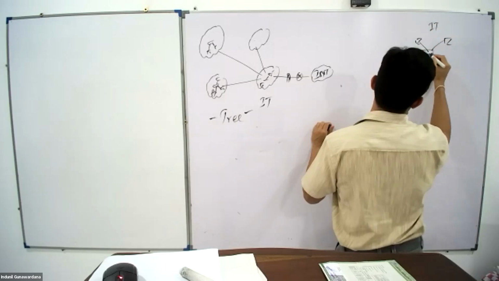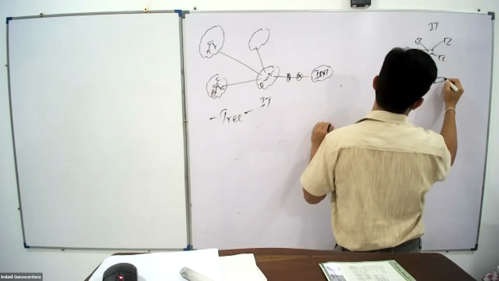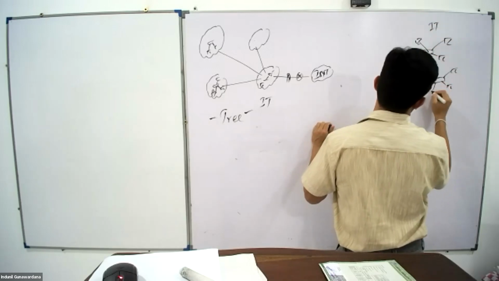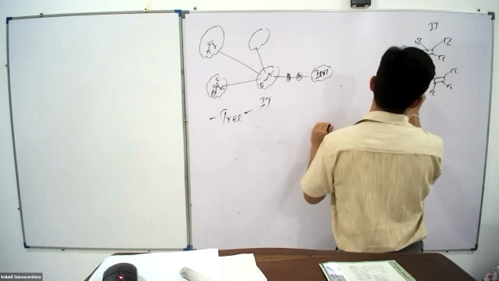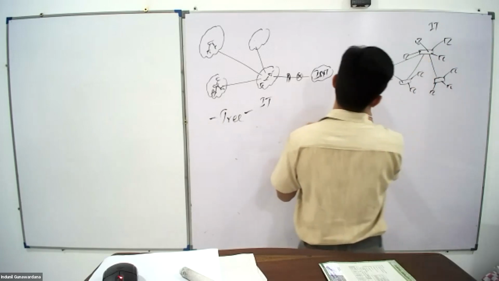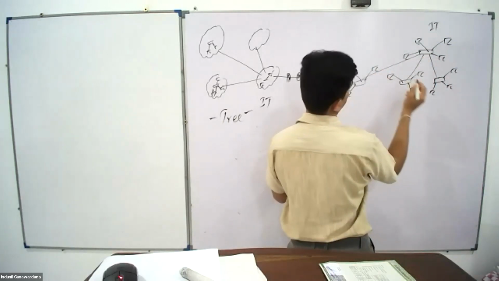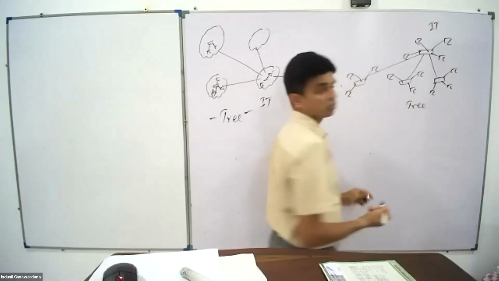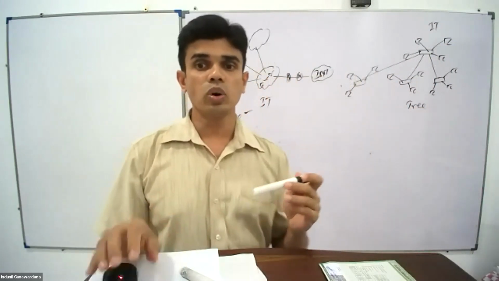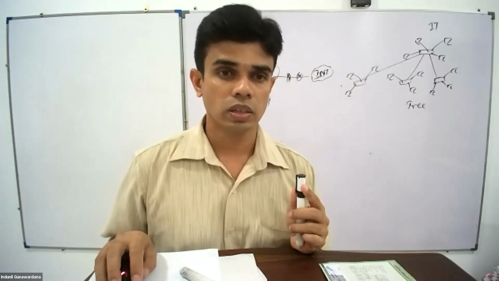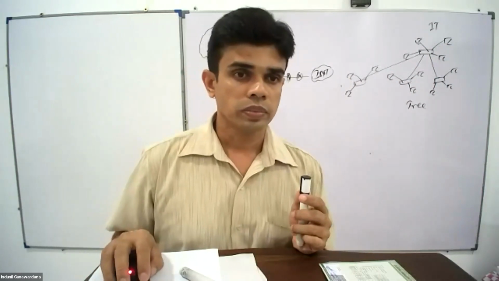This is the IT subnet which is connected to the other subnetworks, and the other one. Right. So this is going to be the tree topology. So take that drawing, why we go for tree.